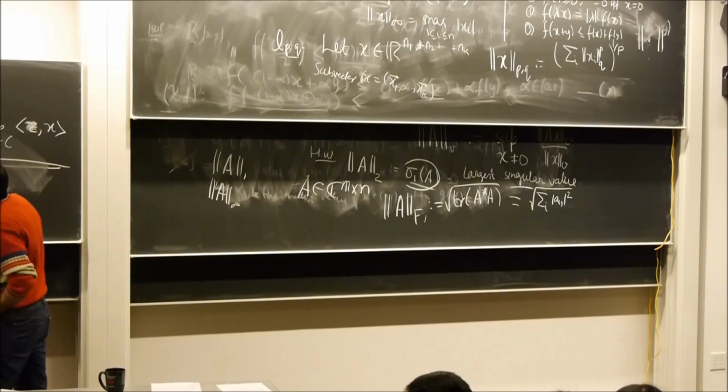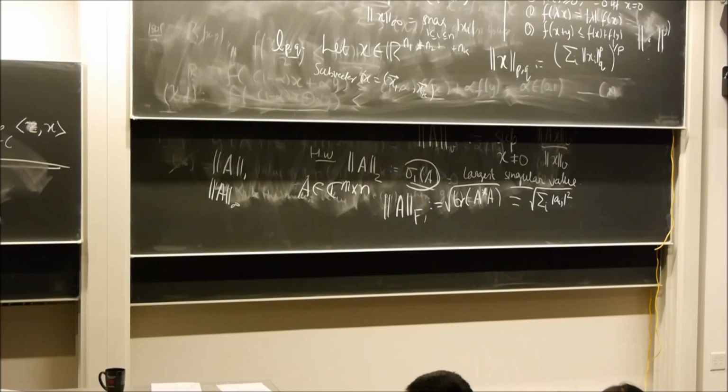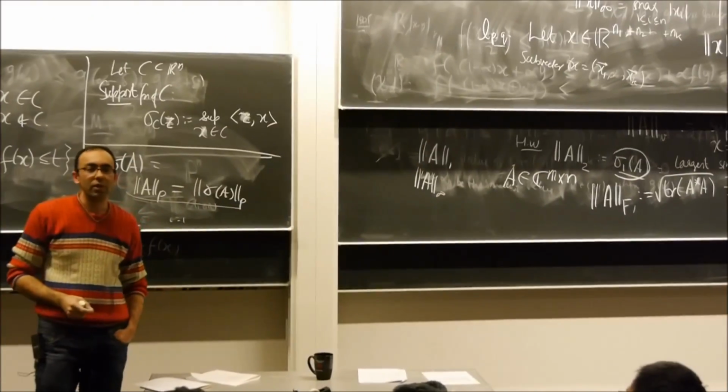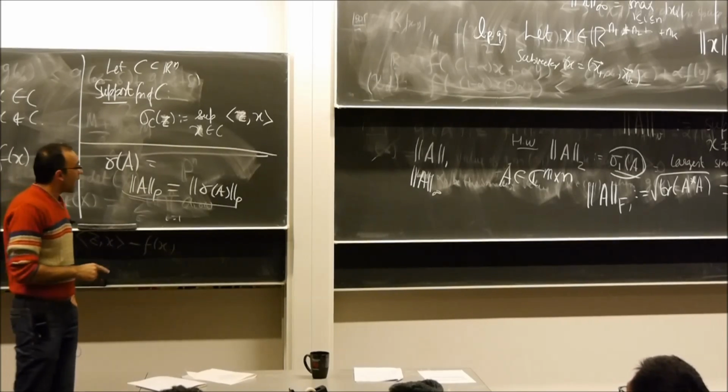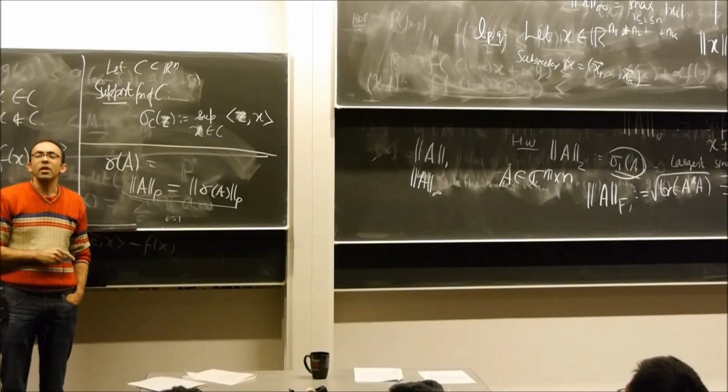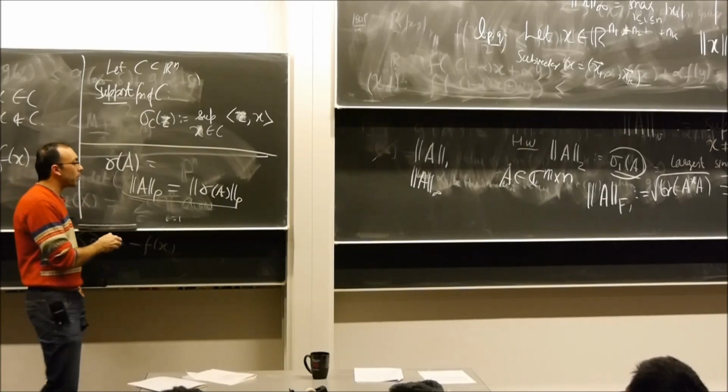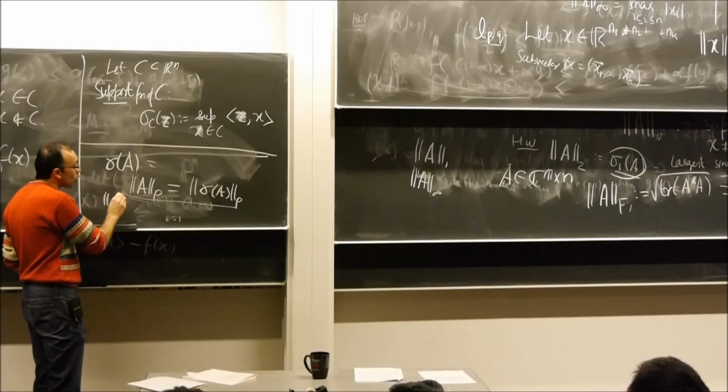There is a norm called the Schatten p norm, which is just the vector p norm of the singular values. And it's actually a very famous result of John von Neumann which characterizes which norms can be written as norms of singular values. So there's an if and only if, but we are not going to prove that. And within the class of Schatten p norms, the most popularly used one is what people call the trace norm, or the nuclear norm.